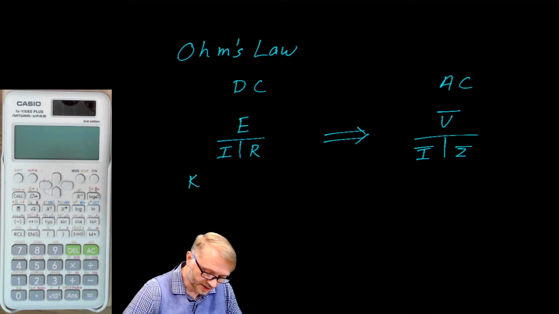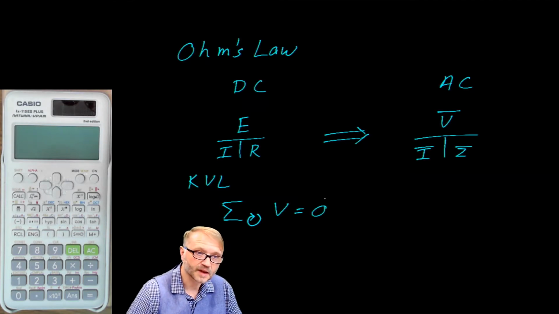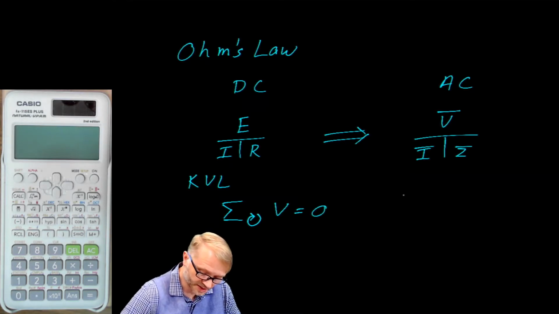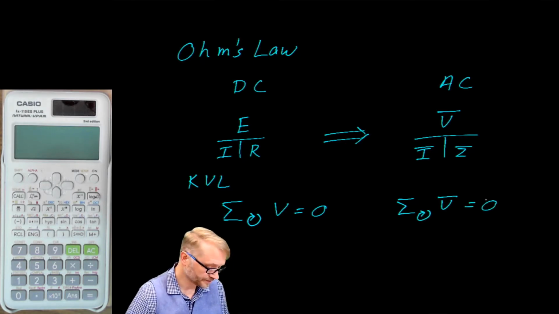We learned about Kirchhoff's voltage law, which told us the summation of the voltages on a closed loop was equal to 0. That equation still holds. Now we recognize it as the summation of the voltage vectors in a closed loop is equal to 0.